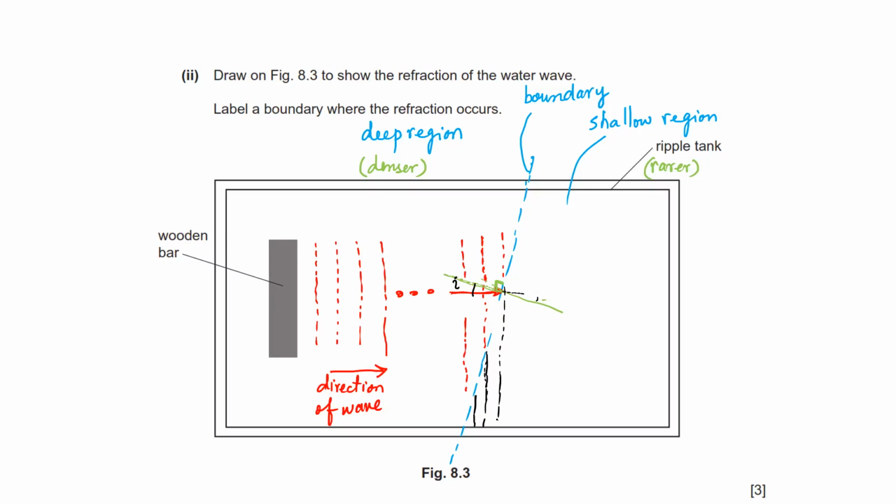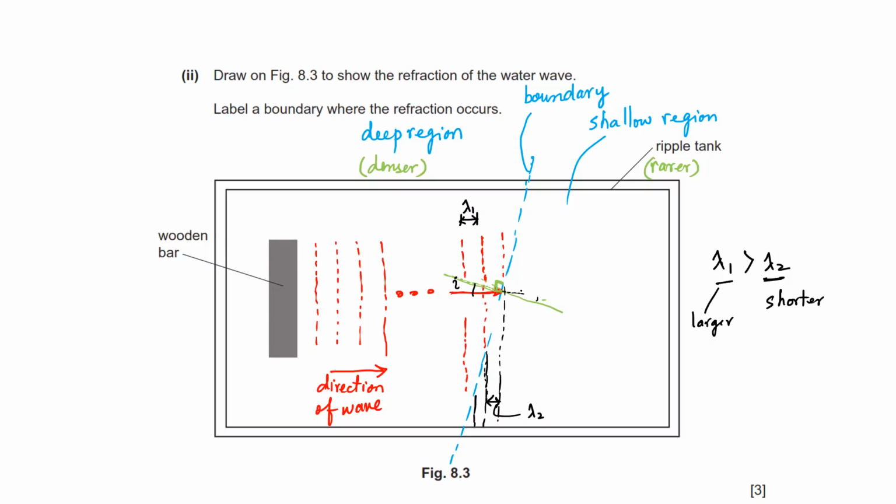Something like this. So what will happen over here? This will be my lambda 2 and this will be my lambda 1. So lambda 1 will be greater than lambda 2. Lambda 2 has shorter wavelengths, and lambda 1 has larger wavelengths.